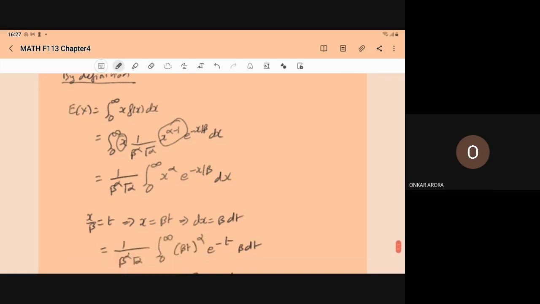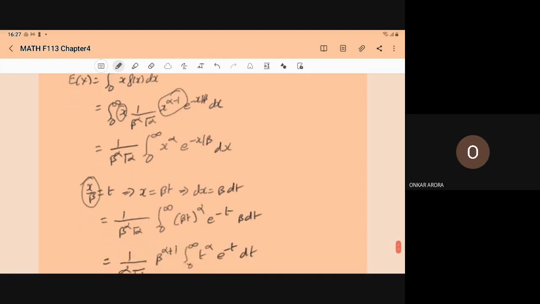In all, whatever the power of the exponential function, we assume that as t. So x upon beta is equal to t. This will give you x equal to beta into t and dx equal to beta into dt.